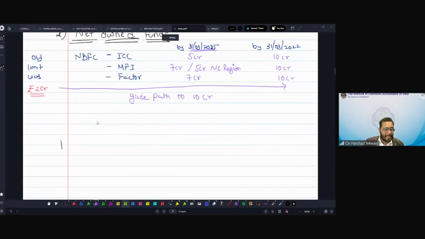For NBFC, that is the infrastructure companies, infrastructure debt fund, IDF, IFCs. Remember, the NOF should be for both rupees 300 crores, because these are the big category NBFCs. So their requirement for NOF is big.